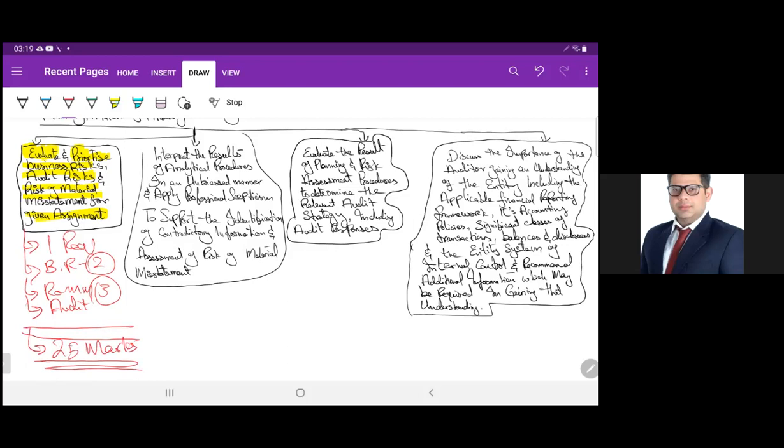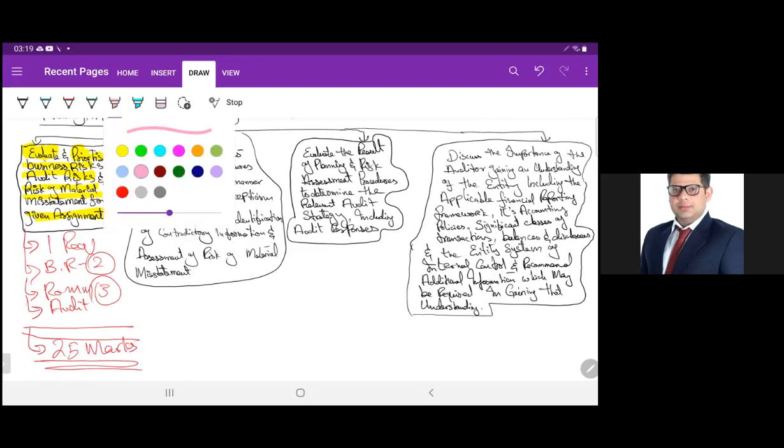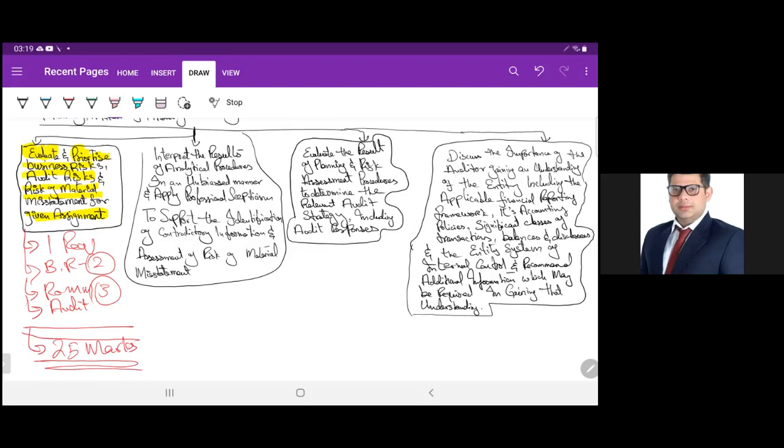Next type of requirement. What will be the next type of requirement? The next type of requirement is interpret the results of analytical procedures in an unbiased manner and apply professional skepticism to support the identification of contradictory information and assessment of risk of material misstatement.